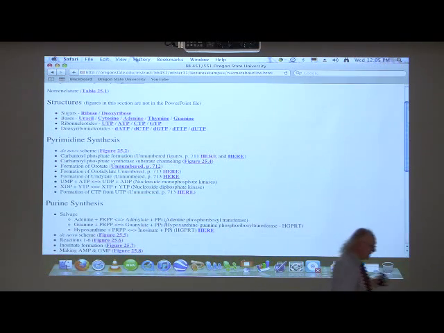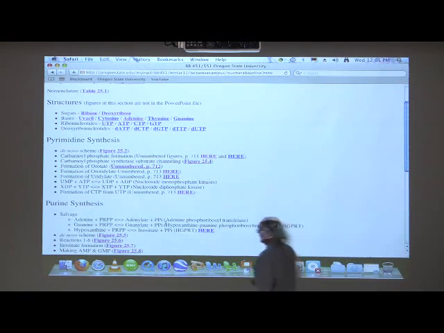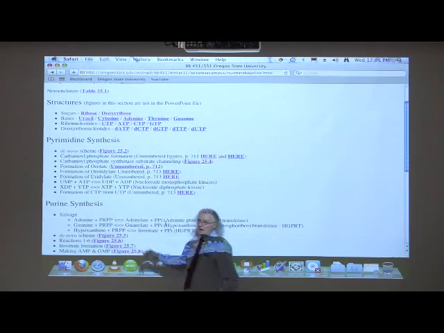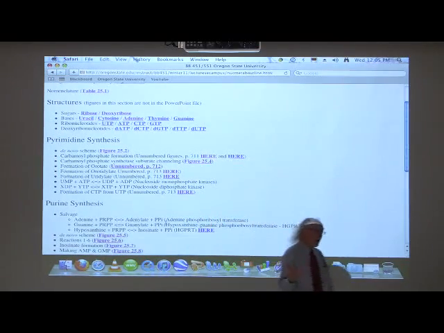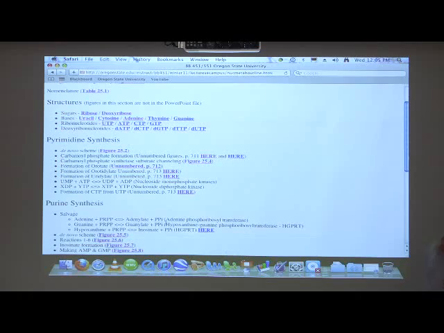And I'll leave it at that. But HGPRT is a salvage enzyme that's salvaging a catabolic byproduct of purine metabolism. And it's important in providing a pretty good source of IMP for the synthesis of AMP and GMP.